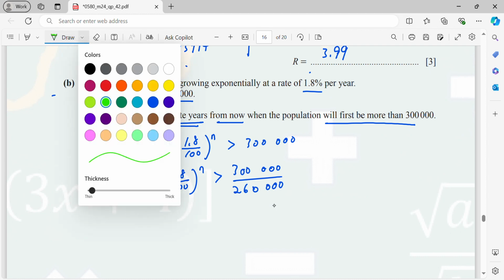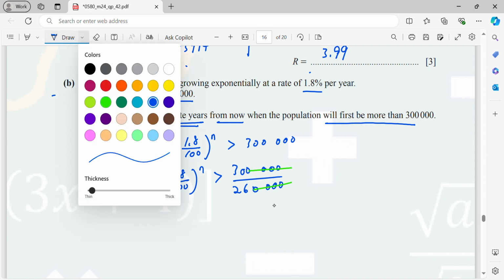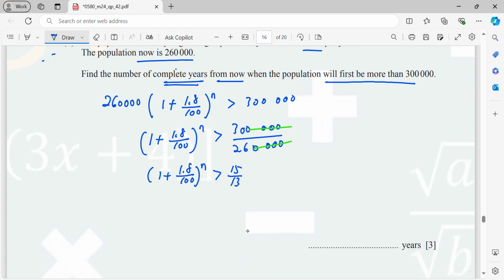Right, so you can cancel off these 4 zeros. So 30 over 26 is basically 15 over 13. Then now, to solve the n, we take log both sides.